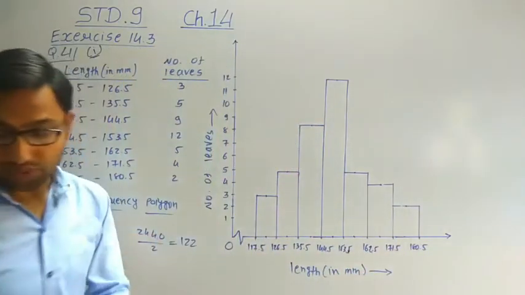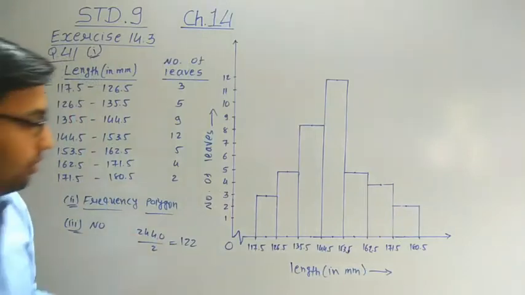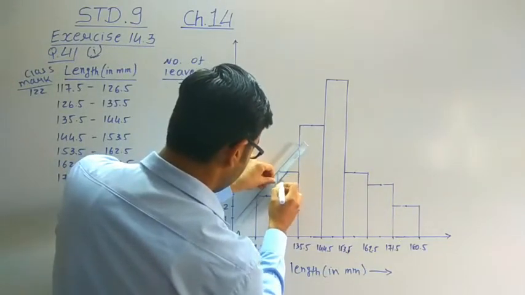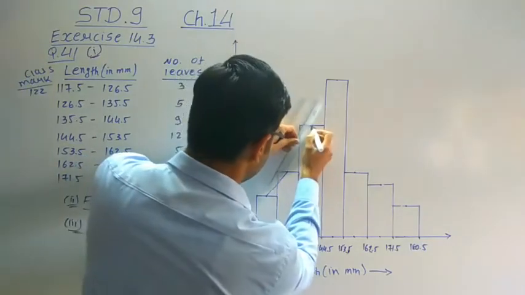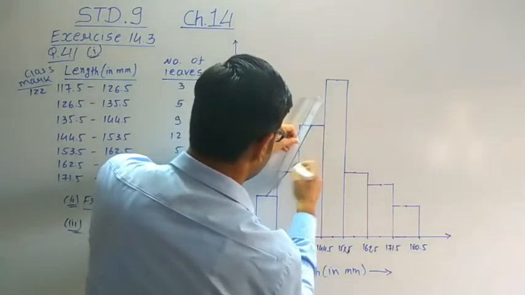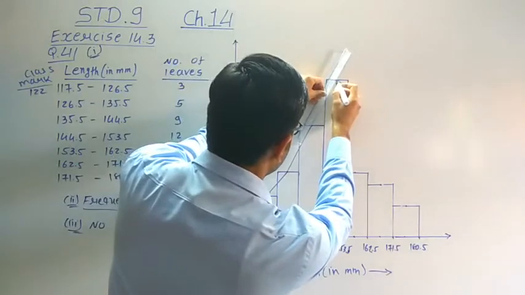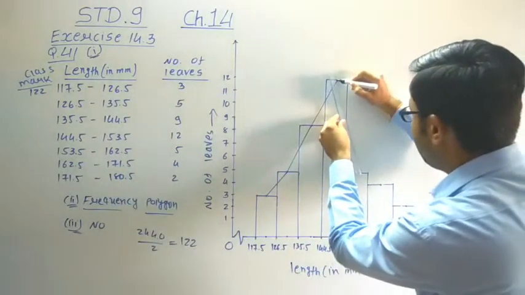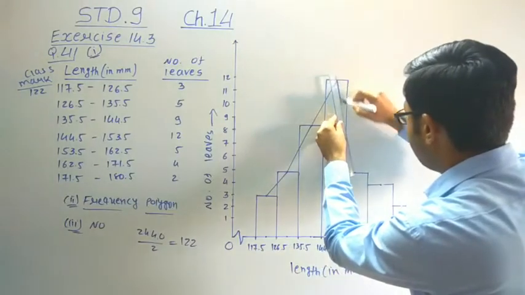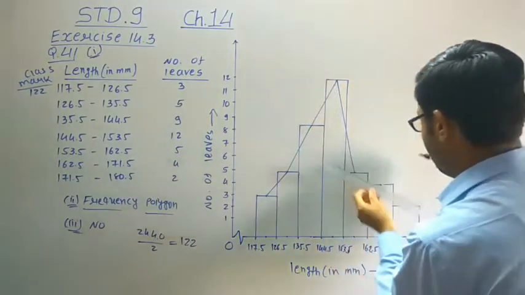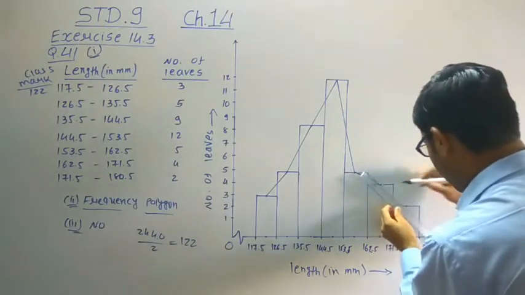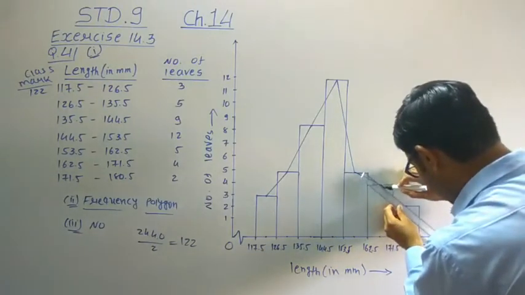Right? And now, if we join all these values, see, from this point to this point, this point to this point, from here to here, from here to here, and from this point to this point.